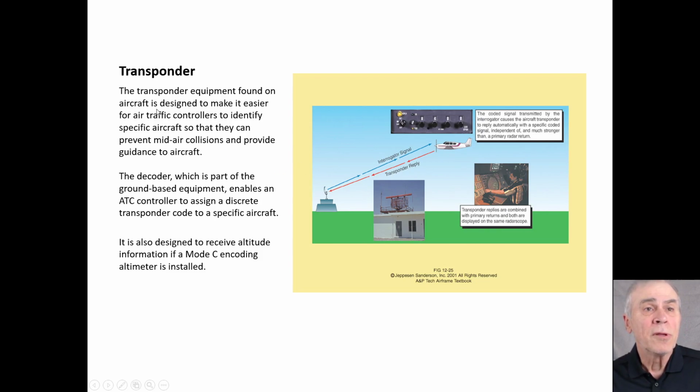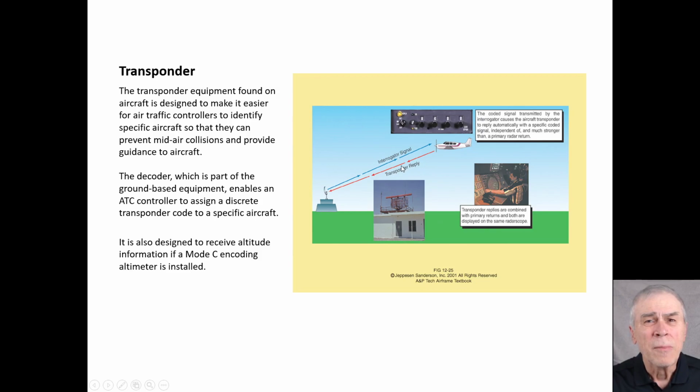It helps, because around the airport it's pretty dense, and the possibility of accidents is much higher. So the air traffic controller is trying to keep everybody in a nice orderly fashion, and they need to know who's where, and that's why we mentioned the mode C before, where it actually gives ATC altitude information.